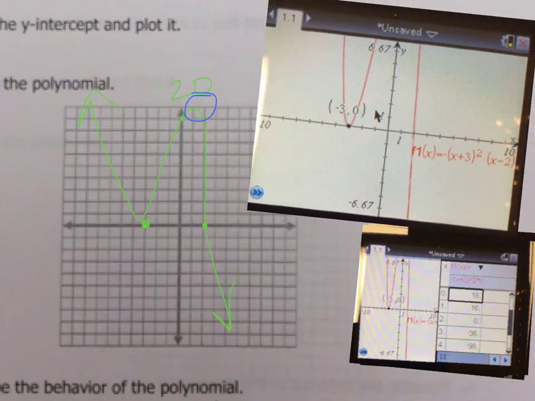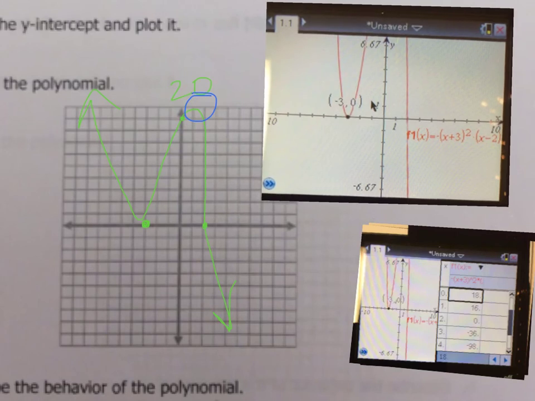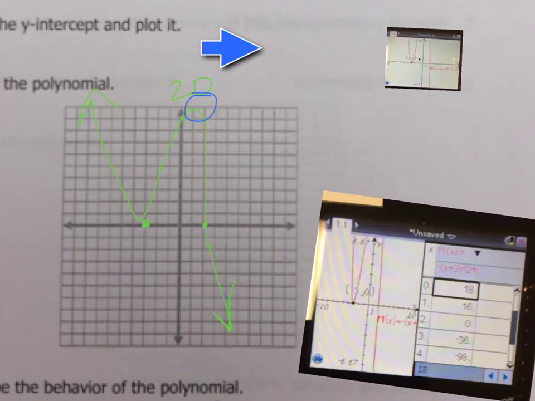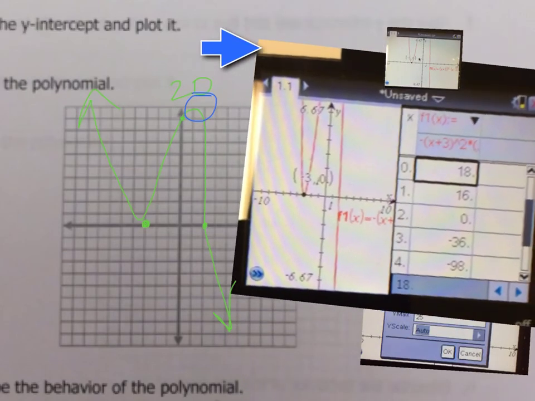Okay, my first step was to go ahead and enter it into the calculator like you see right here. I just entered the function back from the factored form that I have. And my next step was to then make sure I had the right y-intercept. So here it is, 0, 18. I hit Control-T to go to the table.